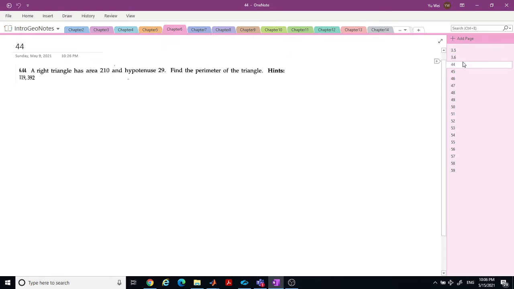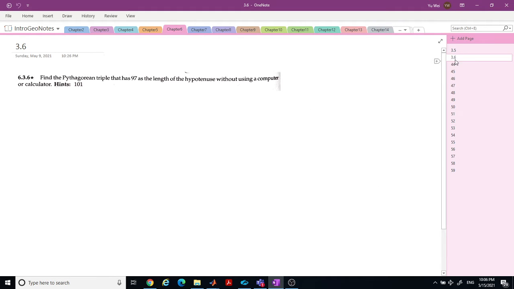Okay, next. Find the Pythagorean triple that has 97 as the length of the hypotenuse. So we have x squared plus y squared, these are the two legs, equal to 97 squared.